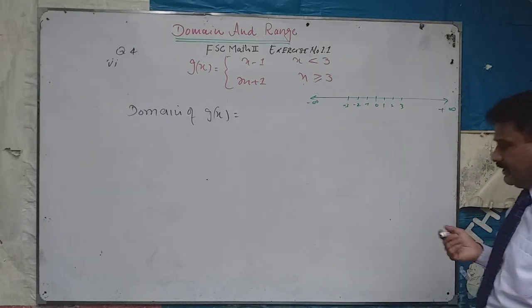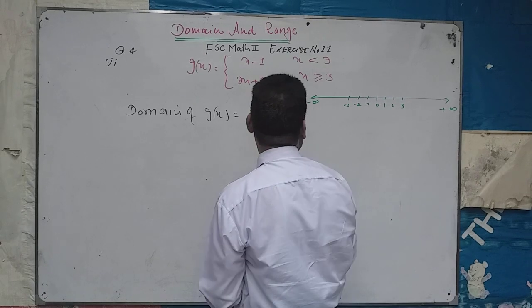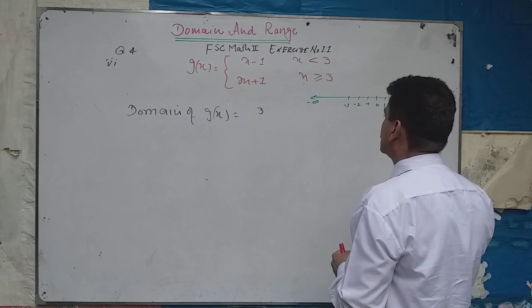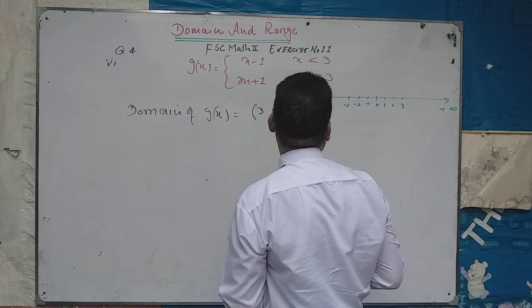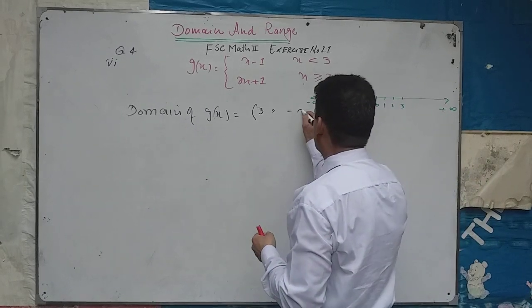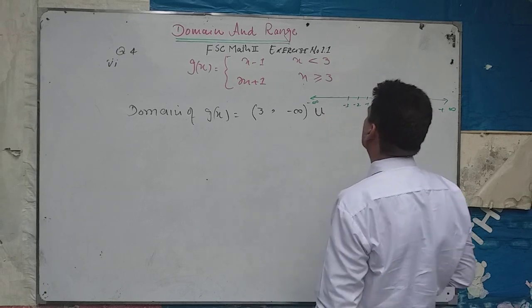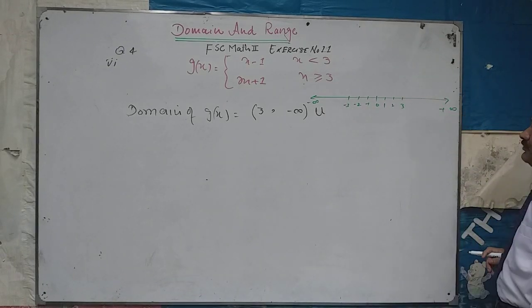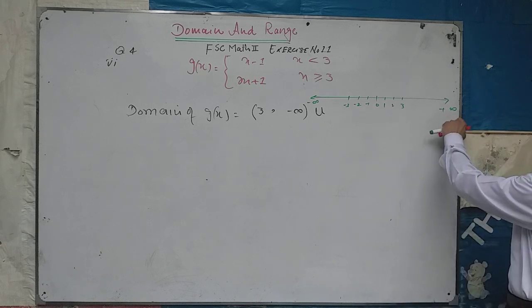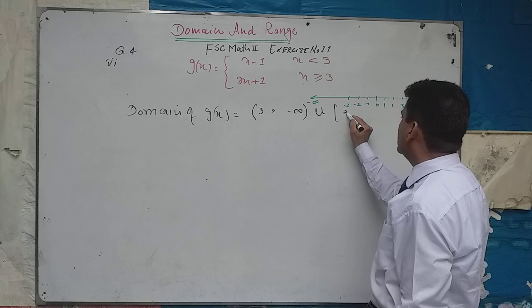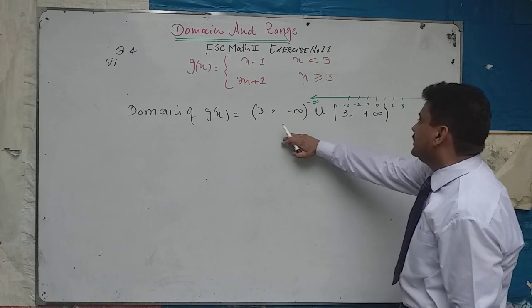Since 3 is not included, we write minus infinity up to 3, union the values greater than 3, from 3 to positive infinity.